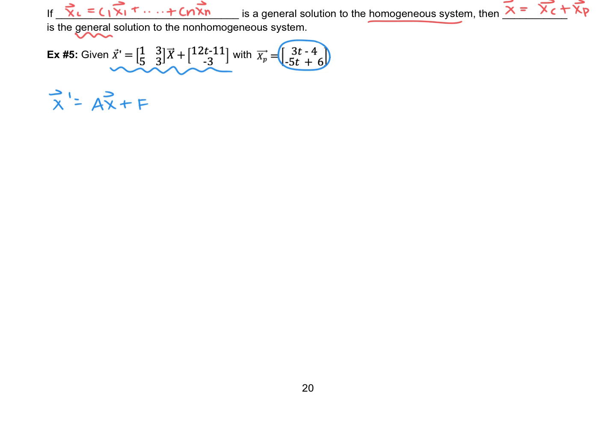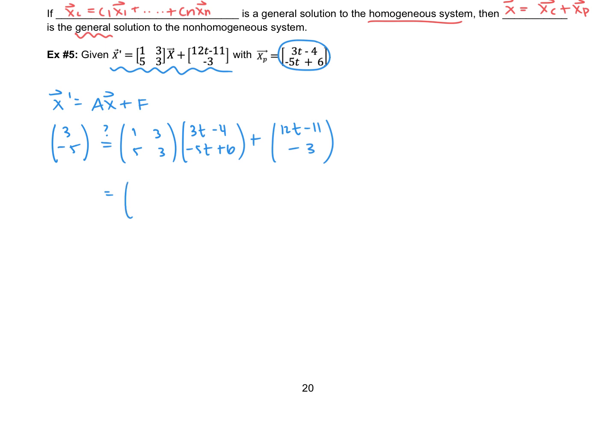So my x prime is going to be (3, -5), and I want to know, is that going to be equal to (1, 3; 5, 3) multiplied by (3t - 4, -5t + 6), and I'm going to add that to (12t - 11, -3). I'm going to do everything on the right side, left side can just stay the same.